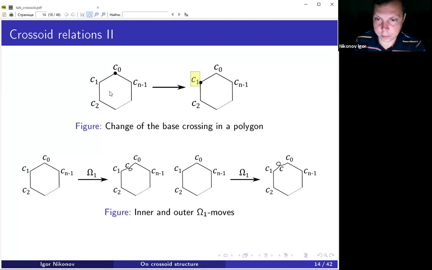So we have two different relations, and we say that they are compatible. For example, if we express C1 through C0, C2, C3, and so on, and then take this value and put it in the formula which expresses C0 through C1, C2, up to Cn-1, then we should get C0. So there are relations which concern changing the vertex in the region which we express through the other vertices.